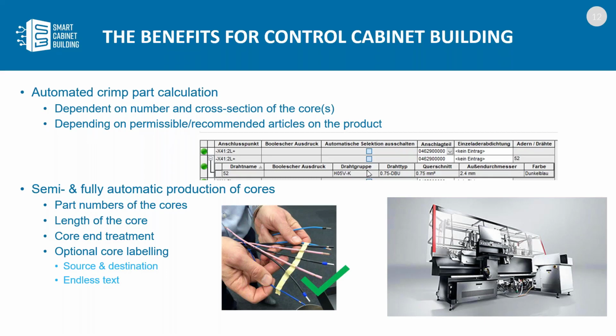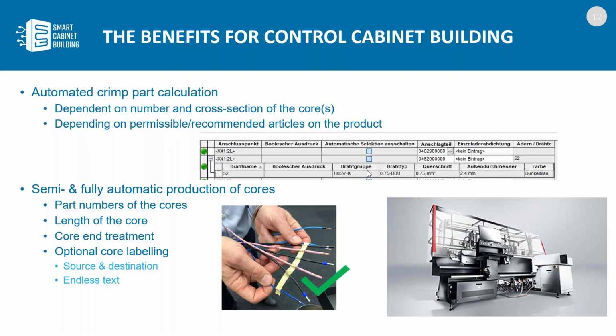So maybe there are 10 different crimp parts available or 3 different crimp parts available, and you should make a list. Depending on the cross section and the outer diameter of the wire that has to be connected to this pin, the correct crimp part is automatically calculated, and the user does not have to care about that.